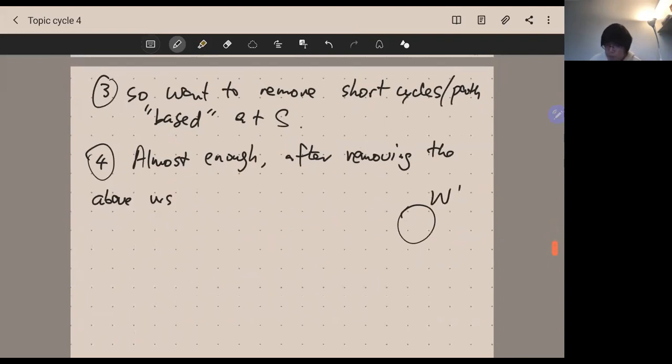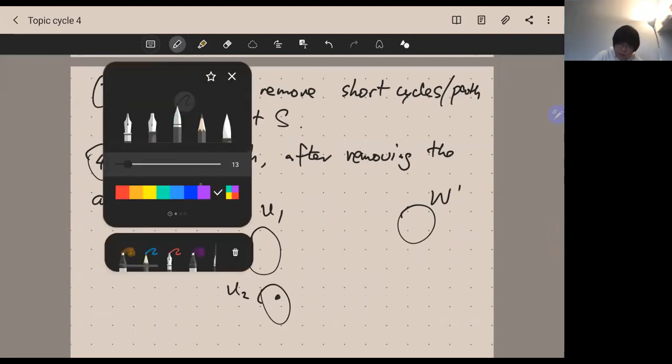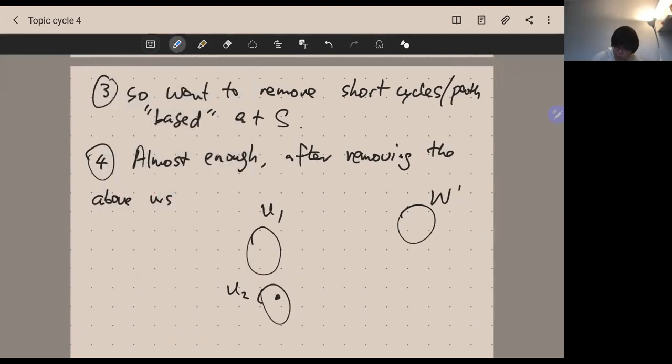Let's say W prime, not yet W, okay? And we have our U1 and U2. We want to check their expansion. Now it could be that some vertices in U2 have too many neighbors, are too attached to W, the set of vertices that we removed. It's possible, right? Which makes the vertices in U2, this vertex in particular, become small degree vertices. So we don't want to see this happening.